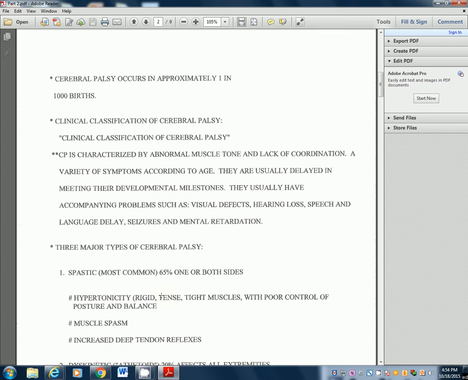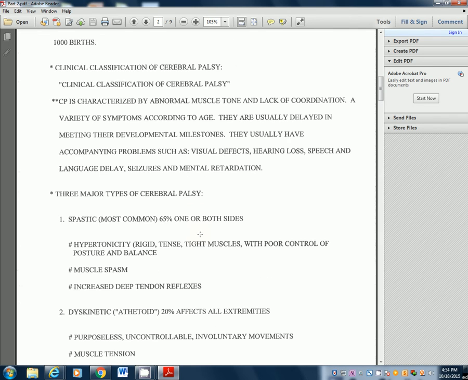And we'll be going over some of those. It is characterized by abnormal muscle tone and lack of coordination, and a variety of symptoms can occur according to their age. They're usually delayed in meeting all their developmental milestones that we learned about in normal growth and development, and they have accompanied problems like visual defects, hearing loss, speech problems, language delay, and can have some seizures, and again, some be mentally challenged.